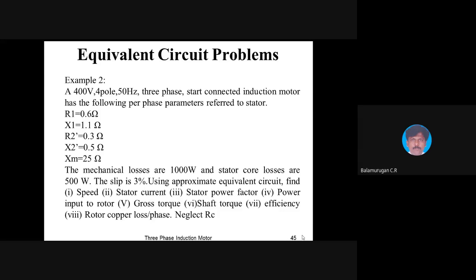Okay, correct answer on this. So 21.54 angle minus 8.6 amps I2 dash.